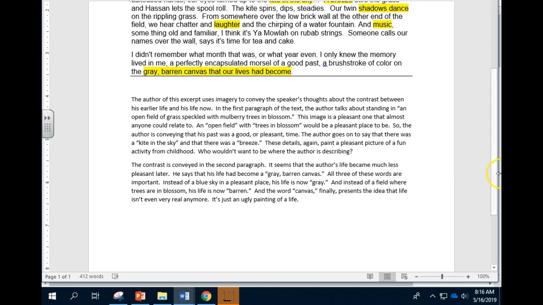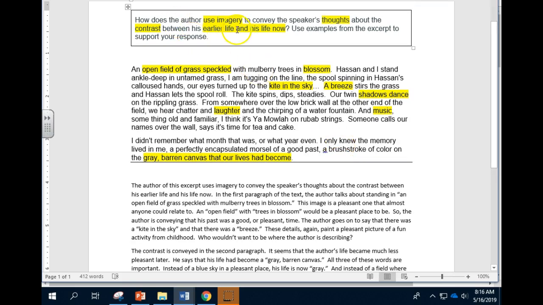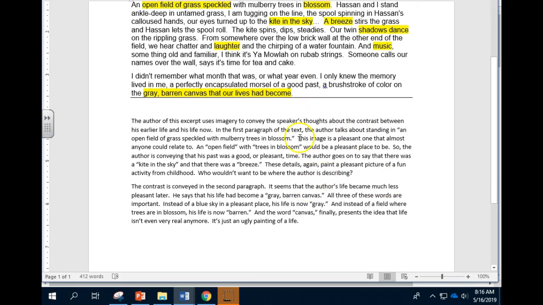Okay, so I have finished my response. In this paragraph, I talked about how his earlier life was a pleasant one, and I used lots of details from the text. And then in my second paragraph, I talked about how the author says his life has become gray and barren, and I used the details of gray, barren canvas, and I explained those details as well.